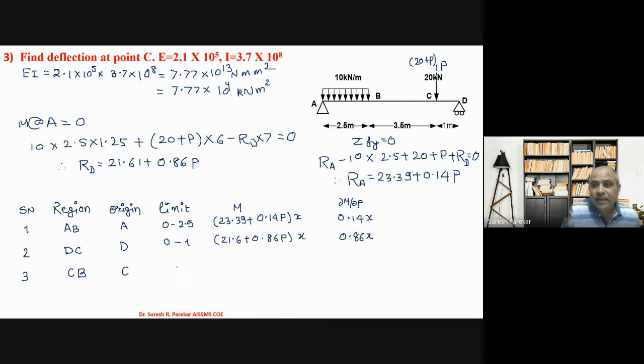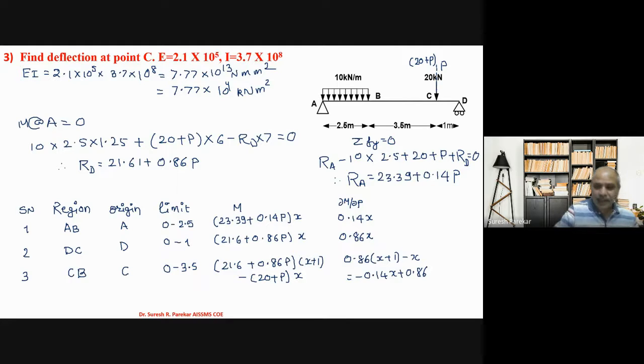Origin is C, limit 0 to 3.5, and M is 21.6 plus 0.86P into X plus 1 minus 20 plus P into X. If we simplify this, we have 0.86X plus 1 minus X, which gives us minus 0.14X plus 0.86.